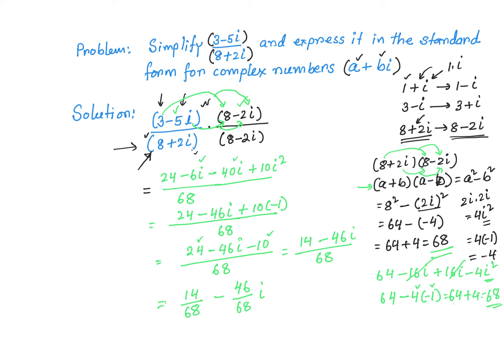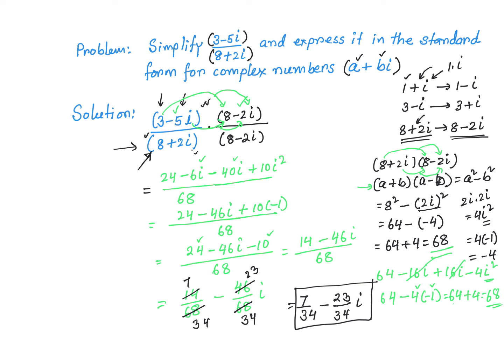Now there will be some cancellation here. 2 goes into 14 7 times, and 2 goes into 68 34 times. So it's going to be 7 over 34 minus, 2 goes into 46 23 times, 2 goes into 68 34 times, so 23 over 34 times i. That should be your final answer.